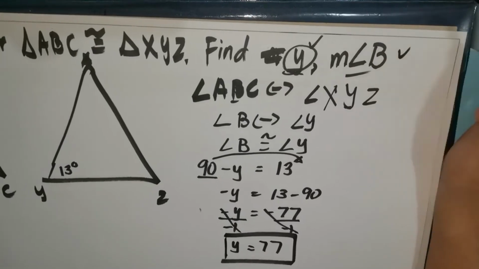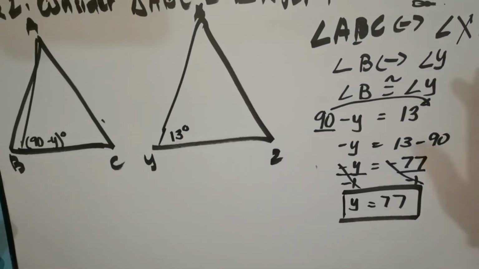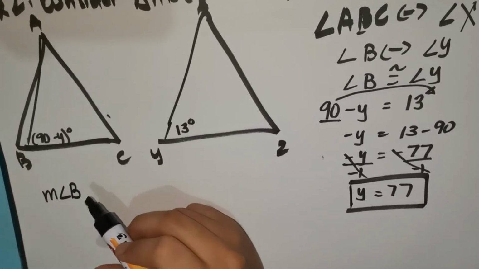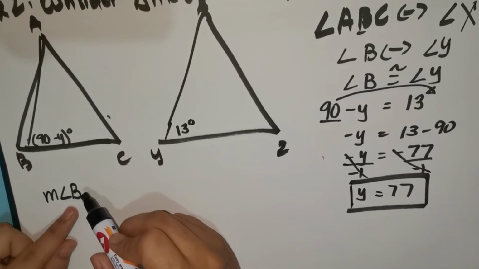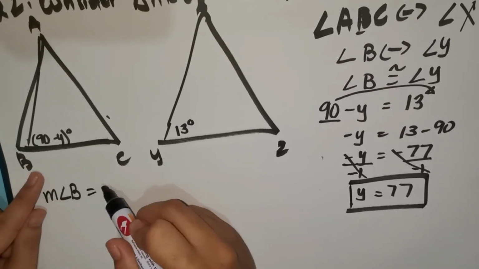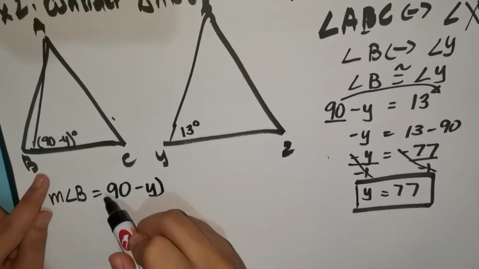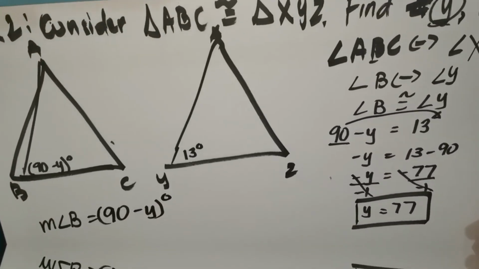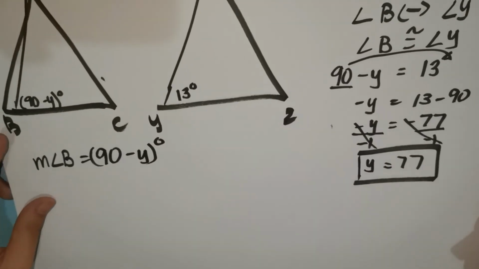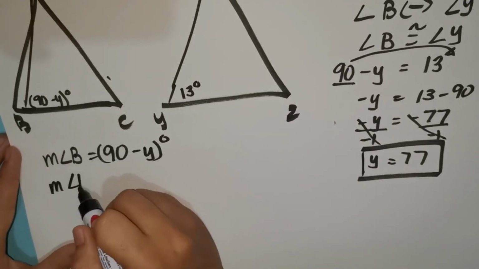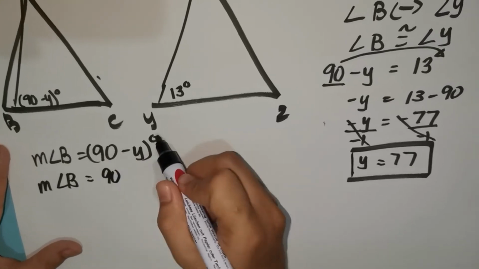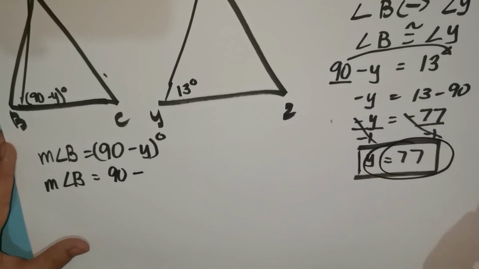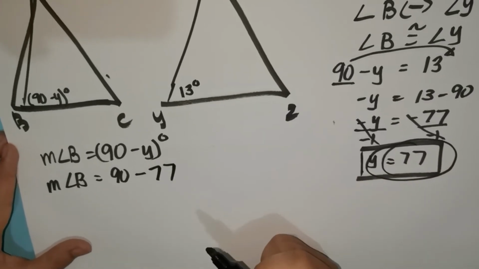Ngayon, ang sunod nating hanapin is the measurement of angle B. Okay, so you have measurement of angle B. Okay, ito yon. Ano nga ulit ang measurement of angle B natin? Base dito ay 90 minus y degrees. Okay, now, how do we find the value or the measurement? So, you have the measurement of angle B is equal to 90, tanggalin ko lang for the meantime yung degrees, minus y, which is 77.